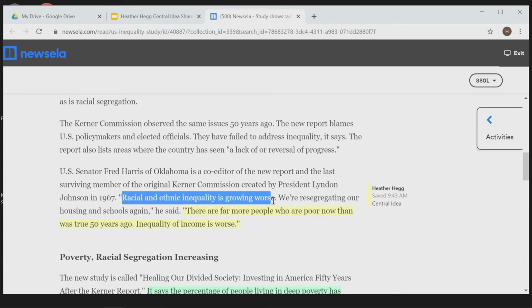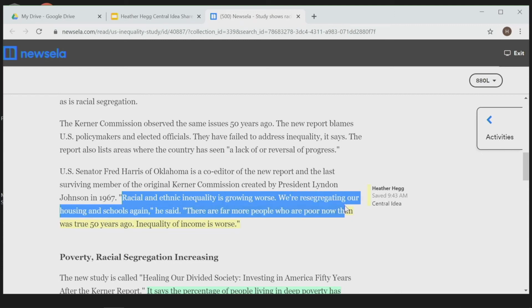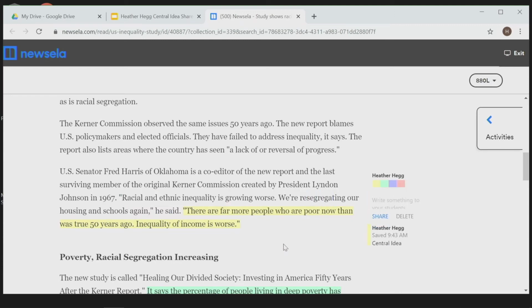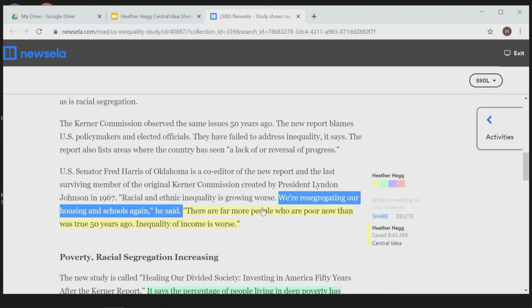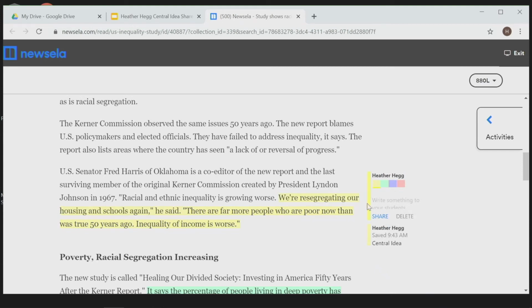Racial and ethnic inequality is growing worse. We're resegregating our housing and schools again. I might add this. I think this is going to be part of the central idea as well. These two sentences. I can always change my central idea with more details from the text.